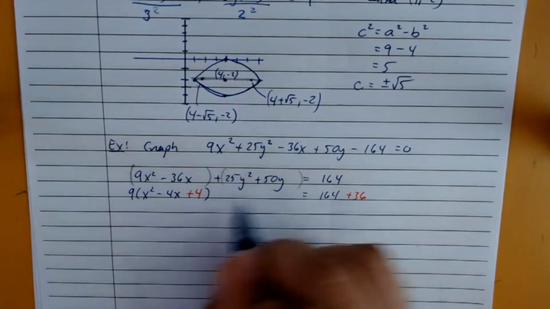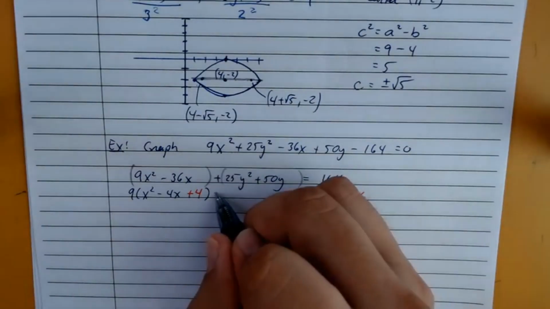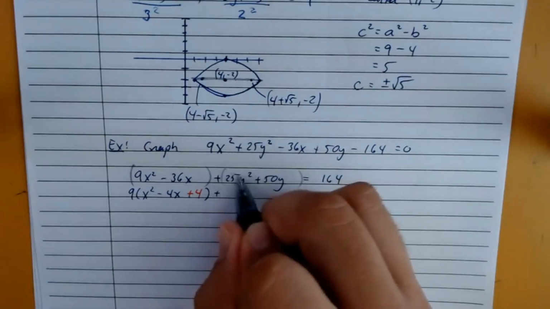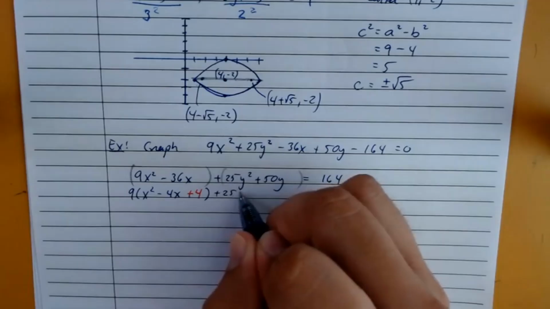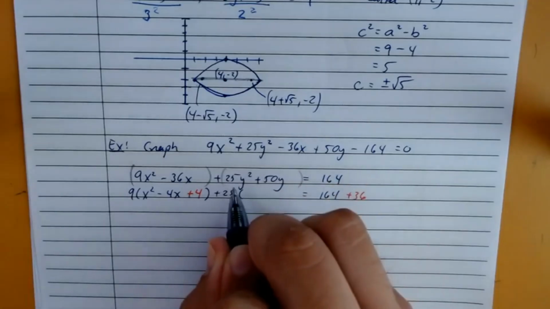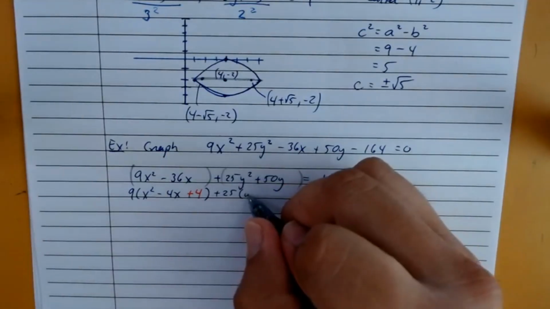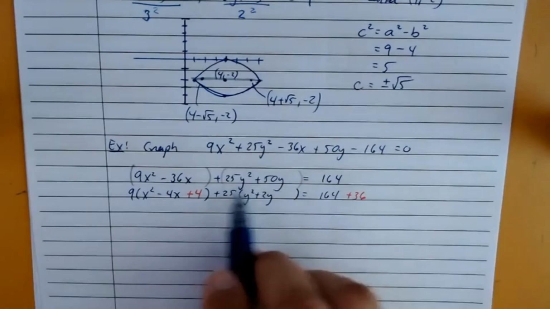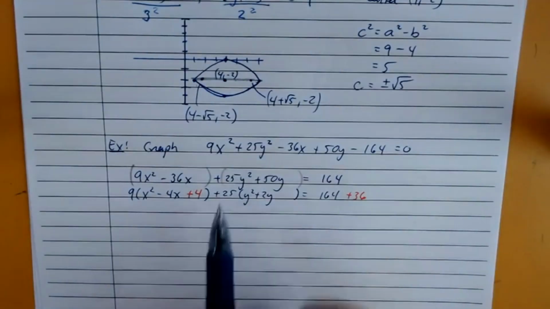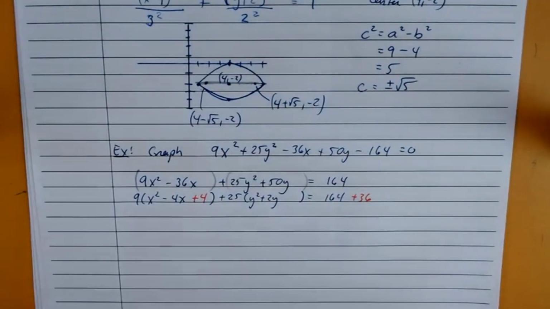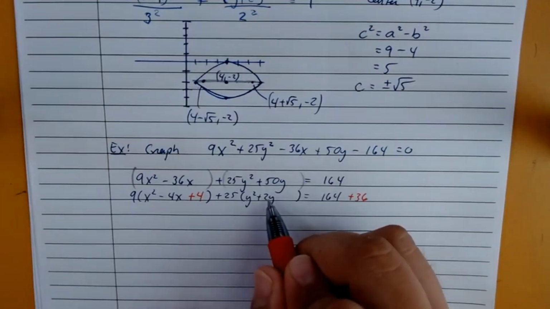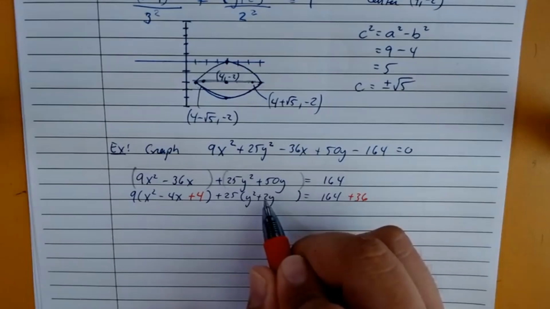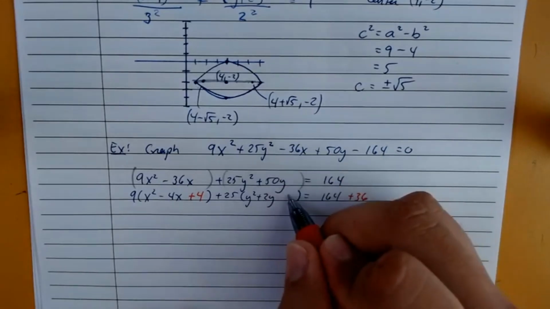I can do the same thing for these two. I can factor out, notice both of those, I can factor out 25, factoring out the lead coefficient. If I factor out my 25, I get y squared plus 2y. Again, note, I know I have a common y, but I don't factor that out, just the number. And now I complete the square by taking half of that, half of 2 is 1, and squaring 1, well, that's still 1.